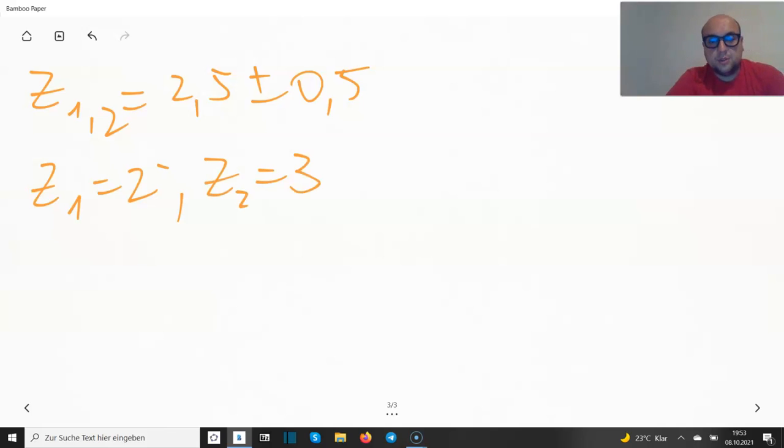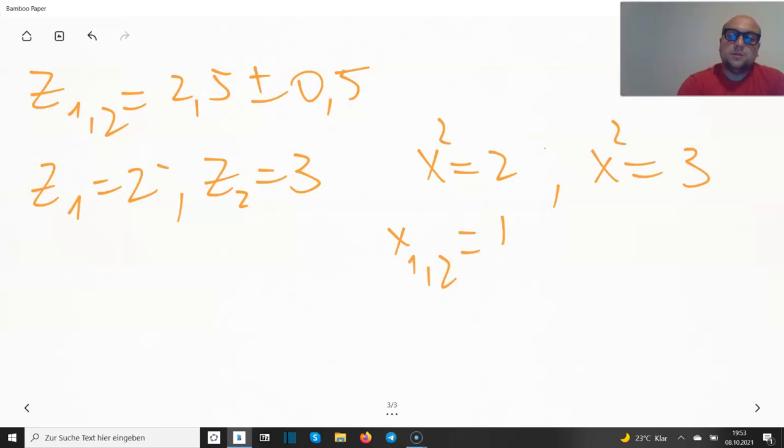But we didn't want to compute z, we wanted to compute x. So we have x squared equals 2 and x squared equals 3. x1,2 equals plus minus the square root of 2, and x3,4 equals plus minus the square root of 3.